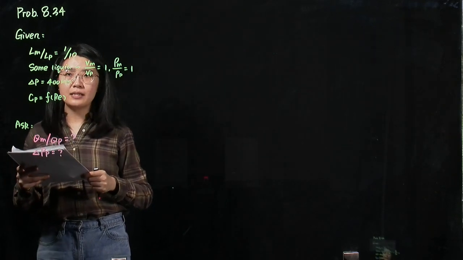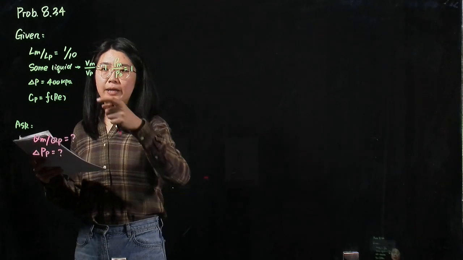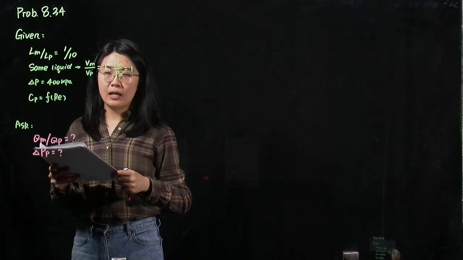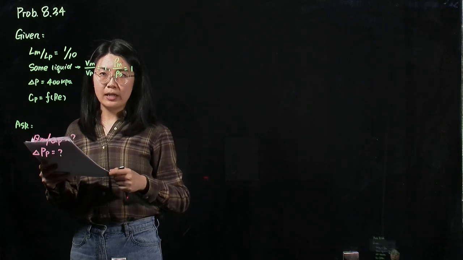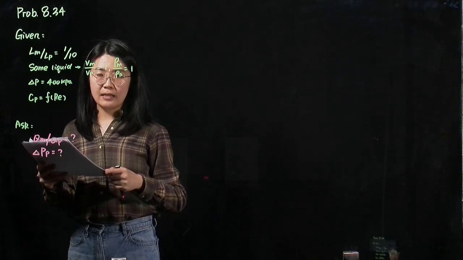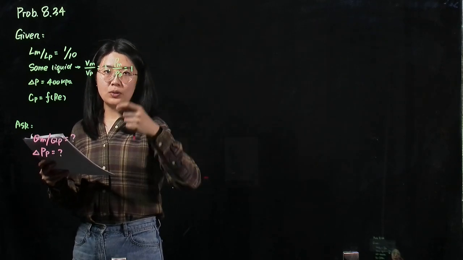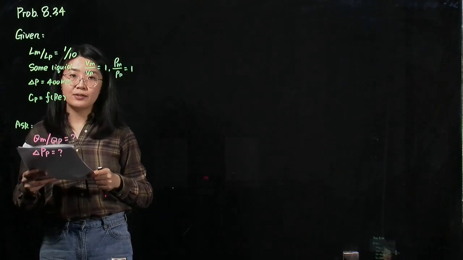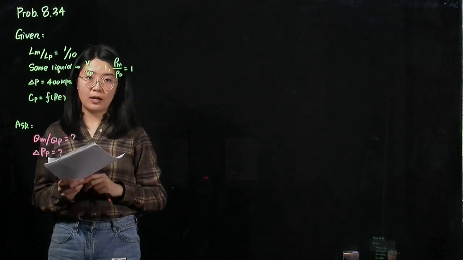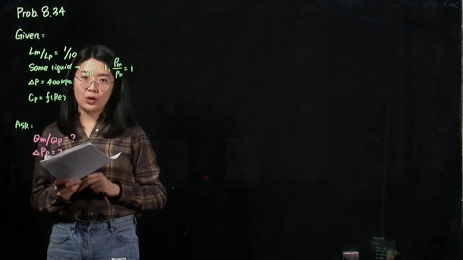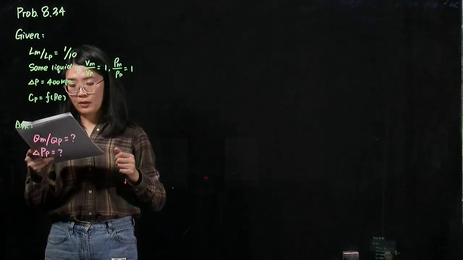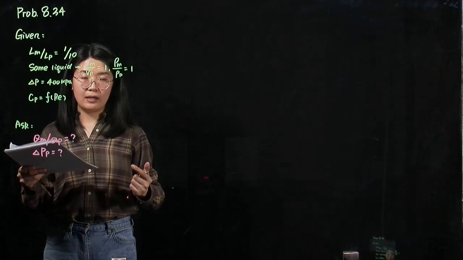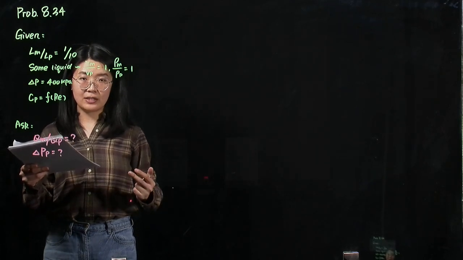Because it is the same liquid, we assume that the viscosity in the model equals the viscosity in the prototype, and the same for the density. This problem is similar to the first problem: there are no compressibility effects, free surface effects, or gravitational effects.